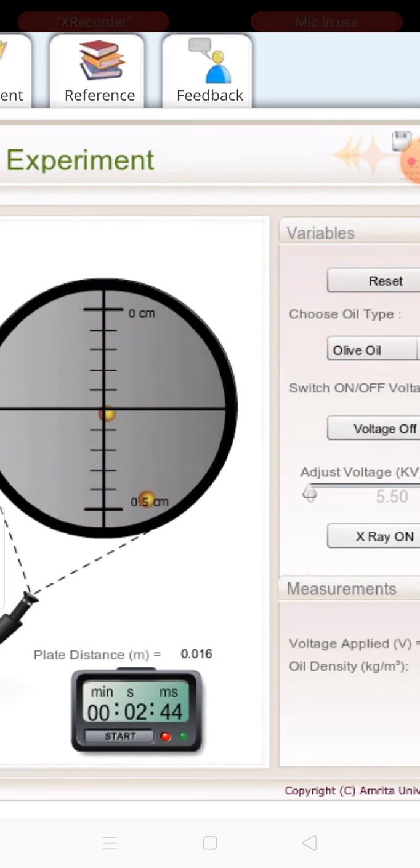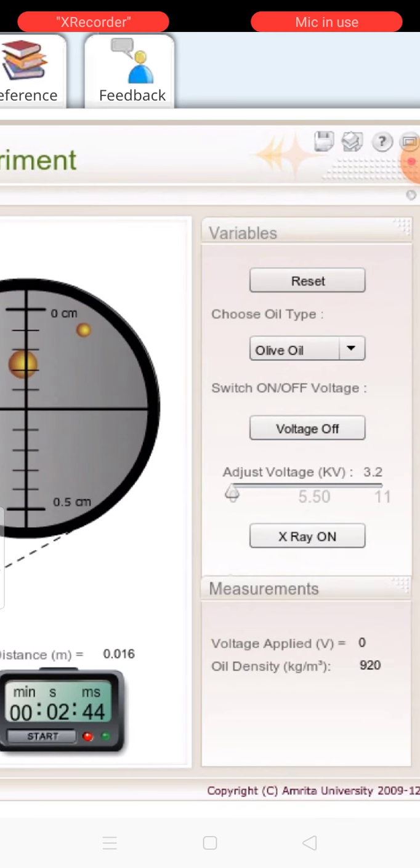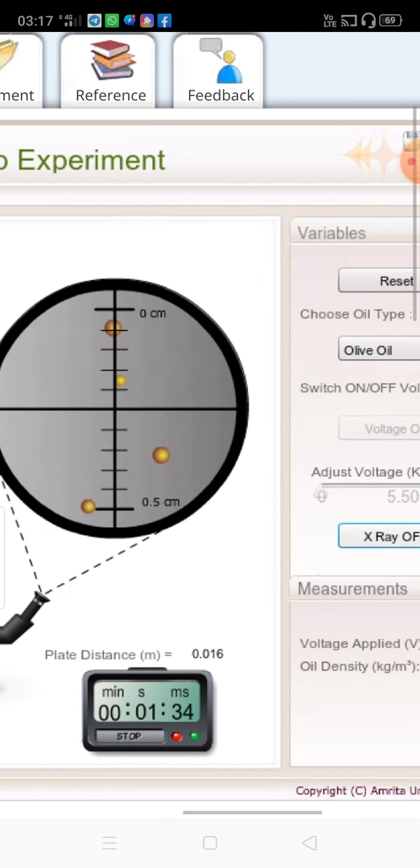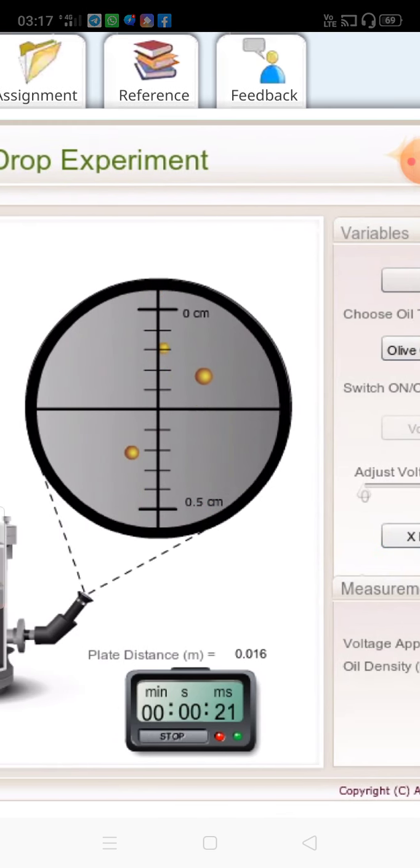So you note we have done our practical by resetting it, starting it, choosing a particular oil, then without voltage on we are taking a time, then voltage on we are taking a time, then using the slider to adjust the voltage to a particular value before we start, then we put the X-ray on, and it is going back, and it will again make a stop.